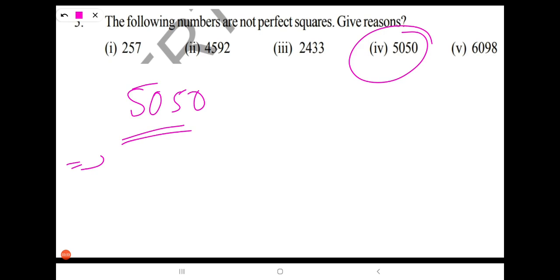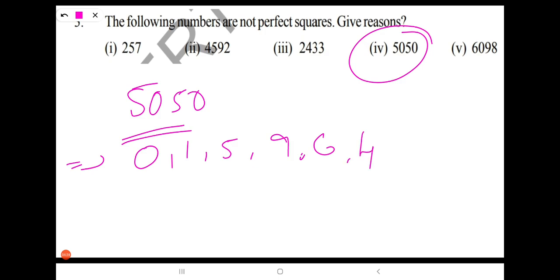The numbers which are having 0, 1, 5, 9, and 6 also, sorry, 4 also.